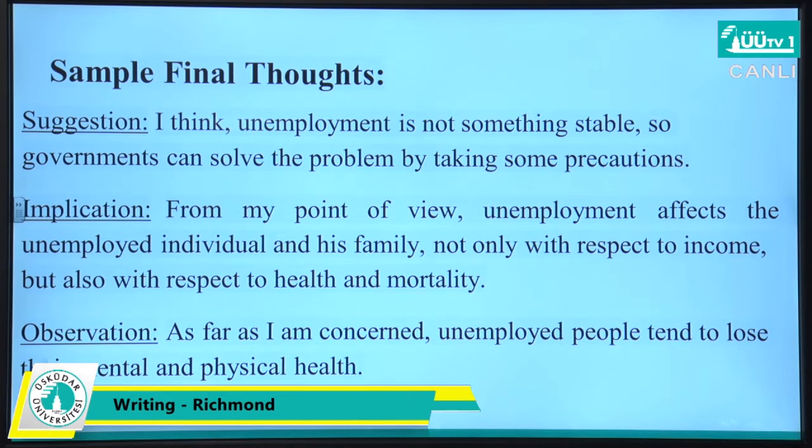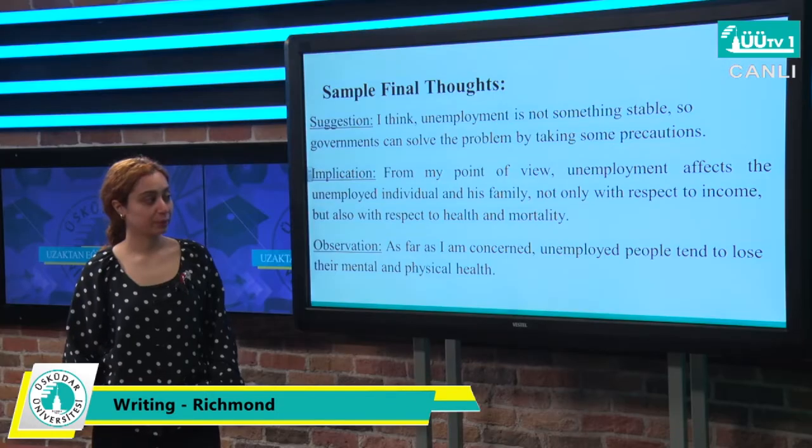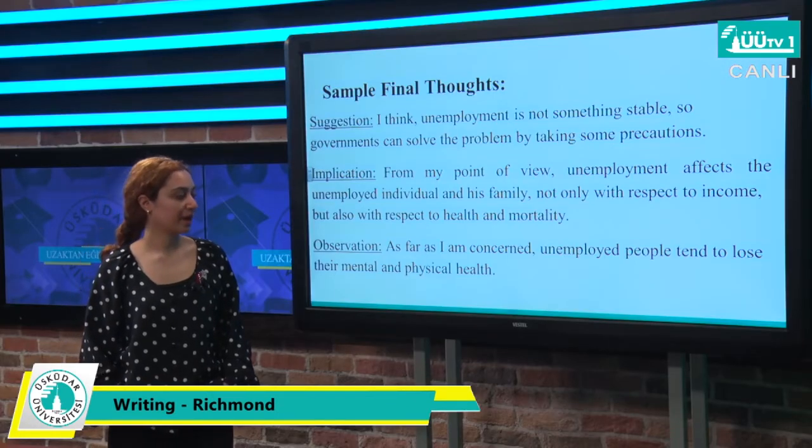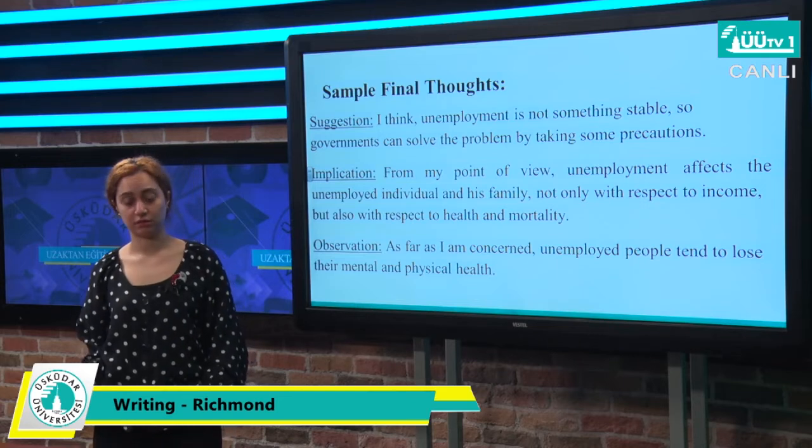Or we can say as implications, from my point of view, unemployment affects the unemployed individual and his family, not only with respect to income, but also with respect to health and mortality. Or we can state an observation. As far as I'm concerned, unemployed people tend to lose their mental and physical health.